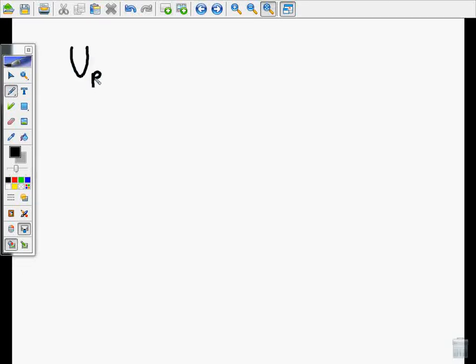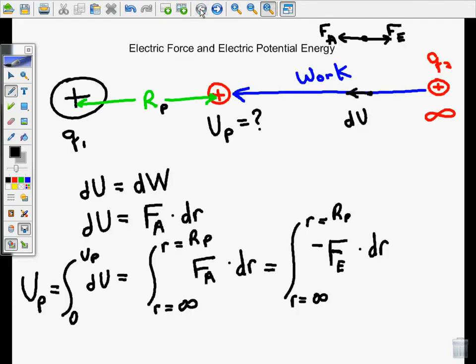The potential energy at P is going to equal the integral from r equals infinity to r equals r sub P of this term right here, which we know is the Coulomb's law force between the two charges.